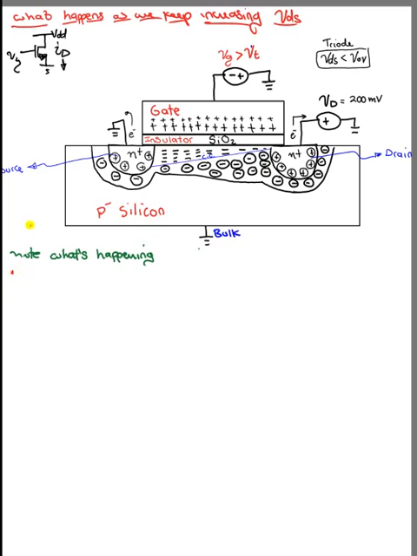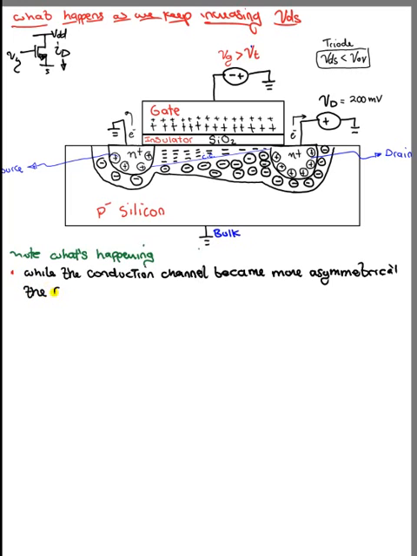So while the conduction channel became more asymmetrical, the conduction channel still exists. Still there, right? From drain to source, from here to here. That means that we still have free electrons.